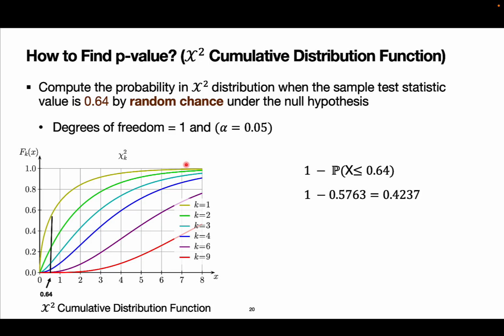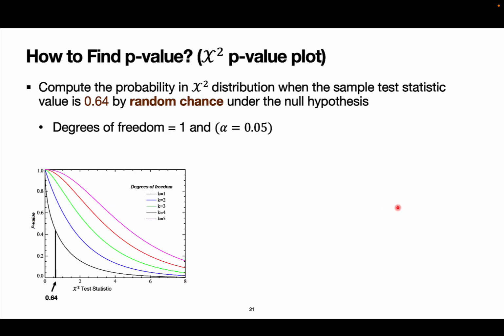So for k equal 1, I'm going to look up the value where x is less than or equal to 0.64, subtract it from 1, and we get 0.4237.